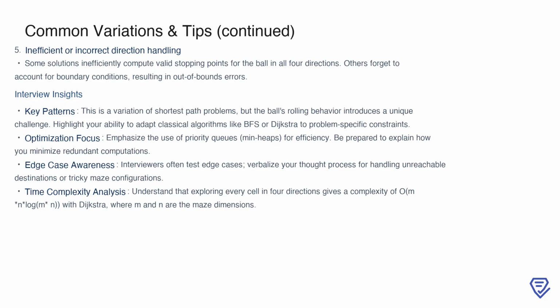Lastly, be ready to analyze time complexity. Since you explore every cell in four directions, the complexity is O(m*n log(m*n)) with Dijkstra's algorithm, where m and n are the maze dimensions. Demonstrating your understanding of this complexity can leave a strong impression.